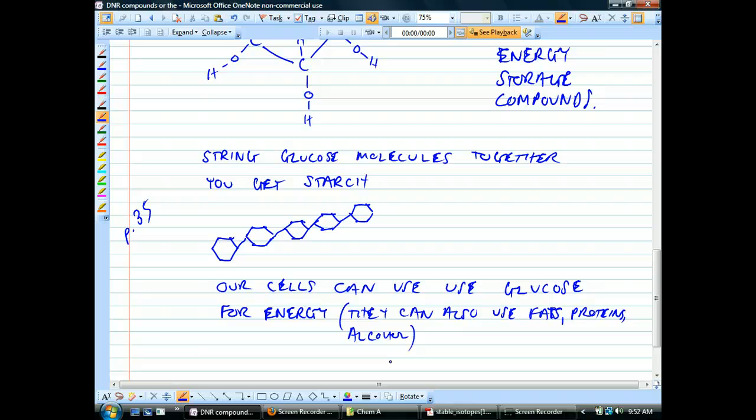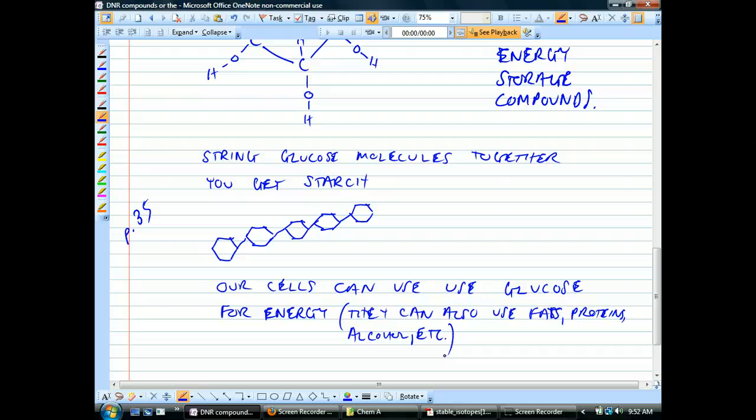It says they can also use fats, proteins, and alcohol, and other things. I think there's probably other things, although I'm not sure. I'll say etc. So my point is, don't think that sugars and carbs are the only way you can get energy. It's not true. All right?